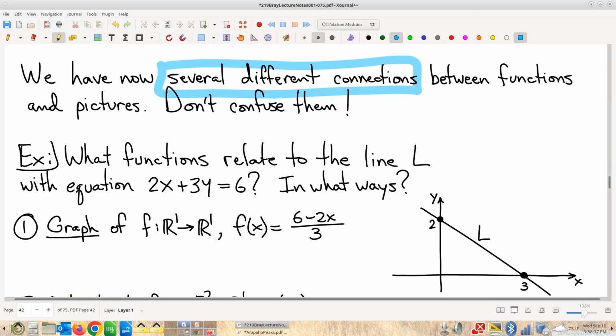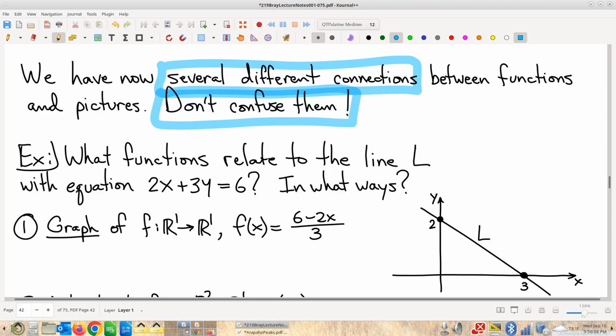we've talked now about several different ways to draw pictures for a function. Said differently, we have several different ways to relate algebraic stuff, functions, to geometric stuff, pictures, geometric objects. Single variable calculus classes inadvertently teach us a lot of really bad lessons related to this point, because every picture you ever draw is a graph.